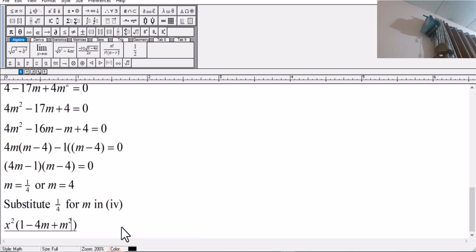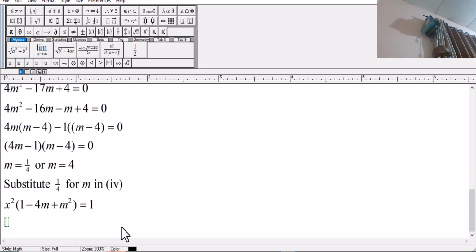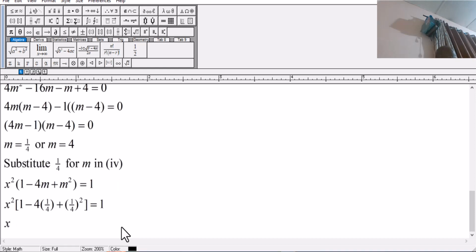4 we said is equals to 1. Everything equals to 1. So we have x squared, so into m, 1 minus 4, 1 over 4, bracket, plus 1 over 4 all squared equals to 1. X squared.